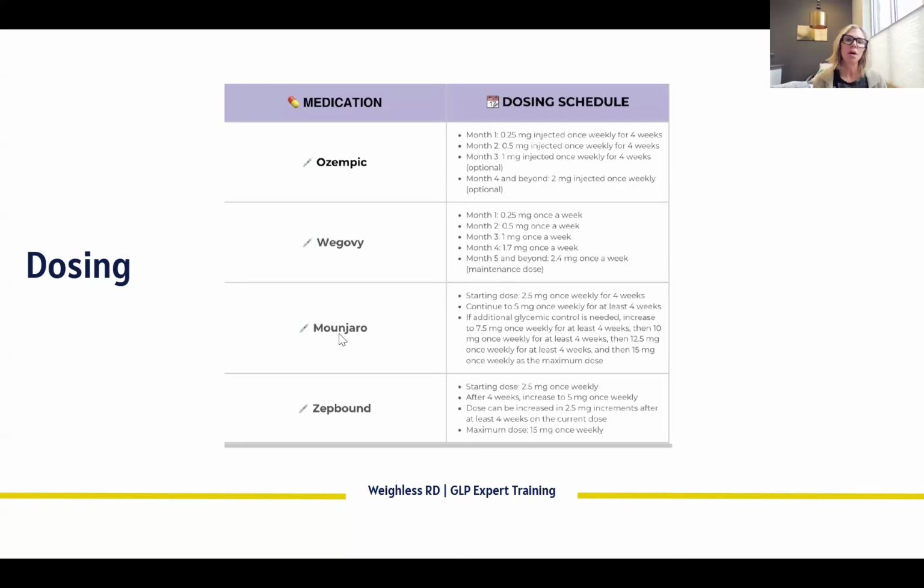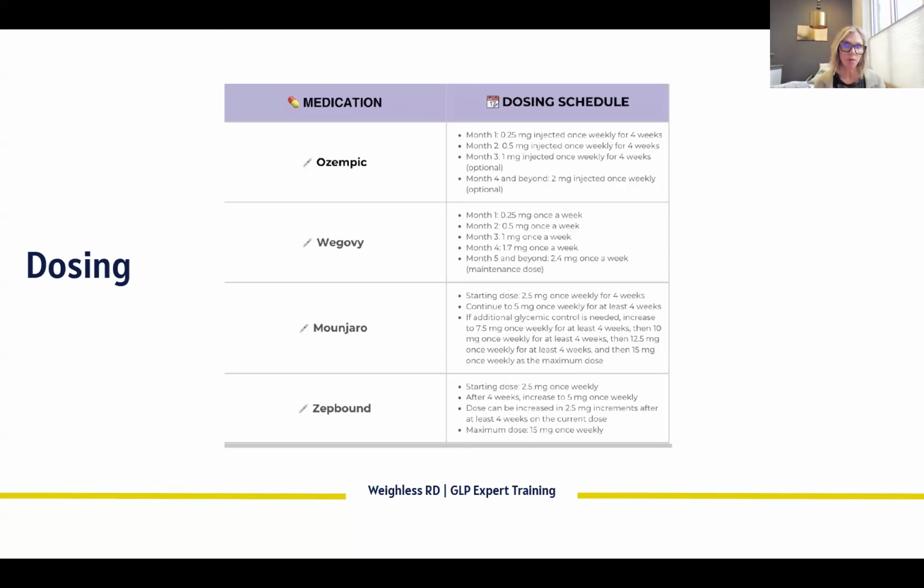Mounjaro, where the compound is tirzepatide, is approved for diabetes, and then Zepbound is for weight loss. These are identical dosing regimens with some slight nuances. Understanding the dosing can get really confusing, so I still carry around certain charts, especially if you are seeing patients who are on compounded medications.